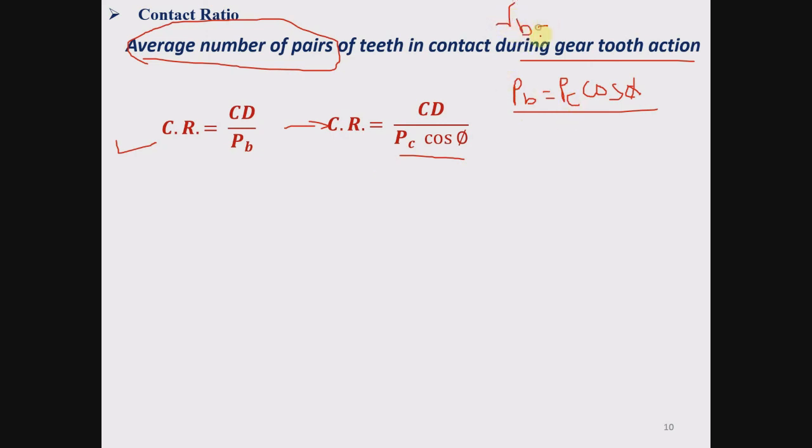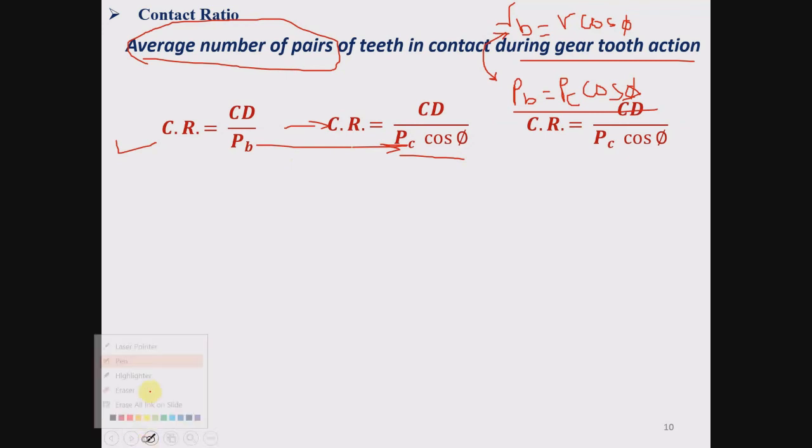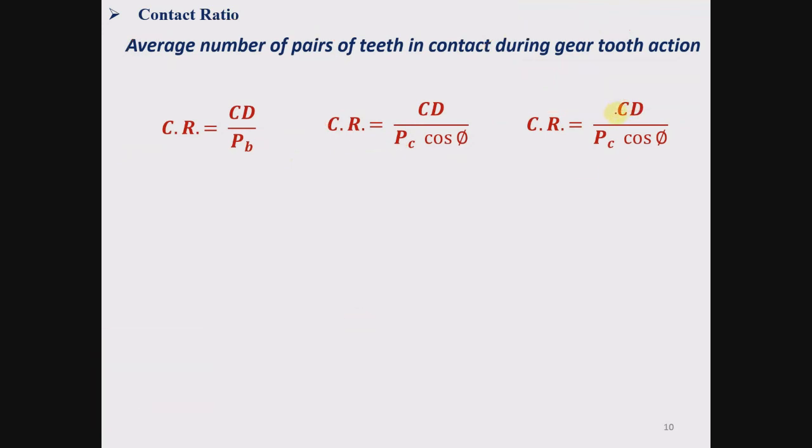Base circle radius is always cos of phi times the pitch circle radius. Going by similar analogy, we have base pitch equal to cos of phi times the circular pitch. So I have substituted PC cos of phi for PB. Then what we get? Contact ratio is equal to CD upon PC cos of phi.